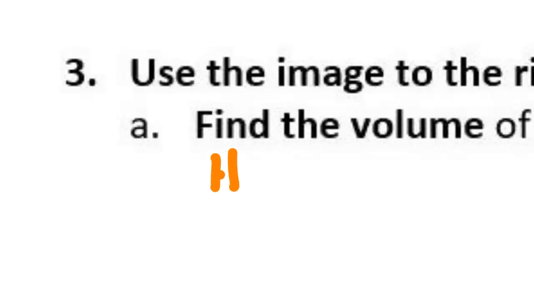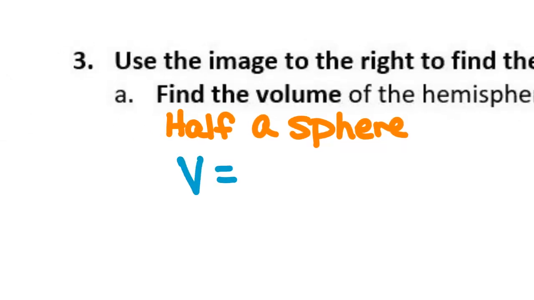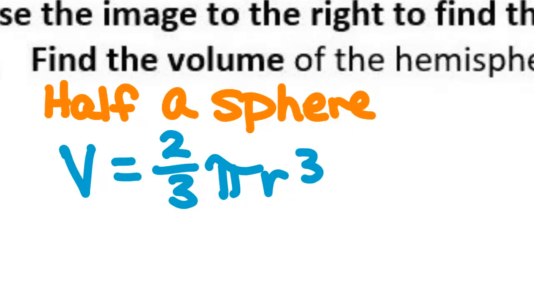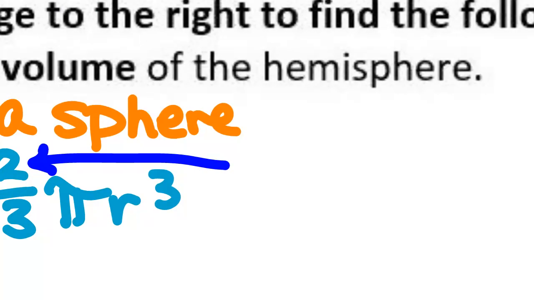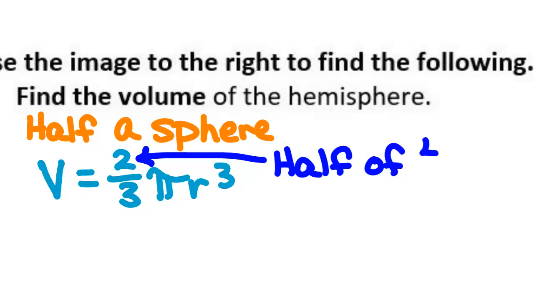So if I'm going to do half of a sphere instead of the whole thing, my volume formula for a sphere is 4/3 pi r cubed. Well, what is half of 4? 2. So we're going to do 2/3 pi r cubed, because this is half of 4/3.